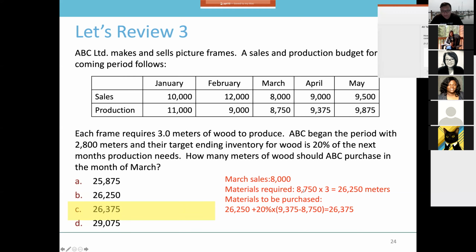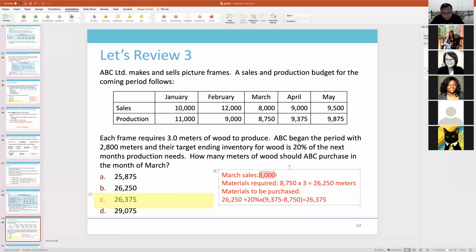Because this is direct material, so March production, that's 8,750, right? So materials required is going to be 8,750 times 3, so that's 26,250.